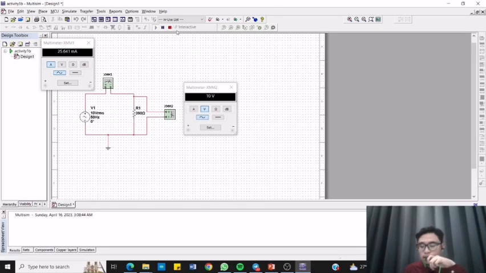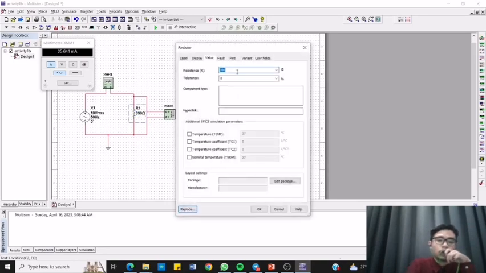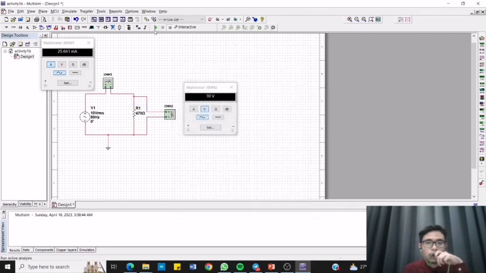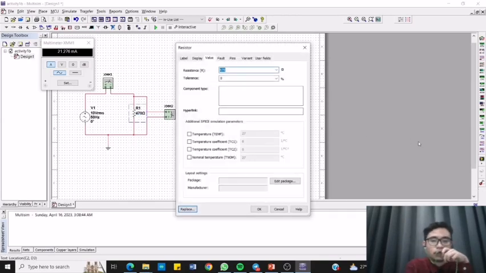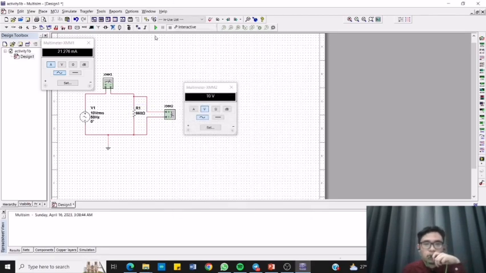Then we change the third load to 470. And then we run the simulation, and we got this result, and lastly 860 ohm. And then we will get this result.